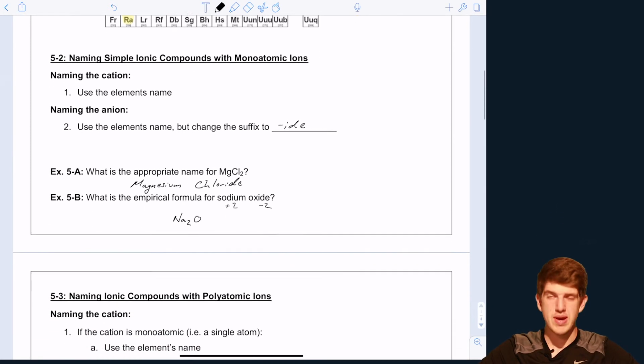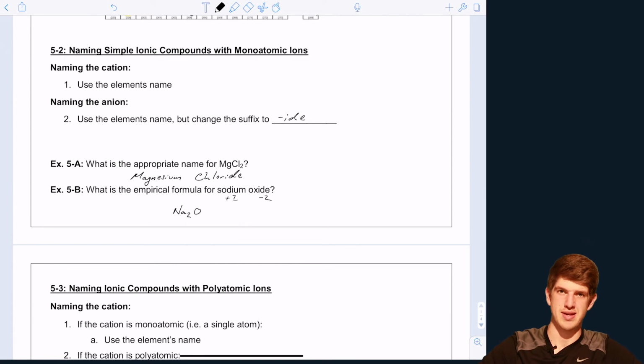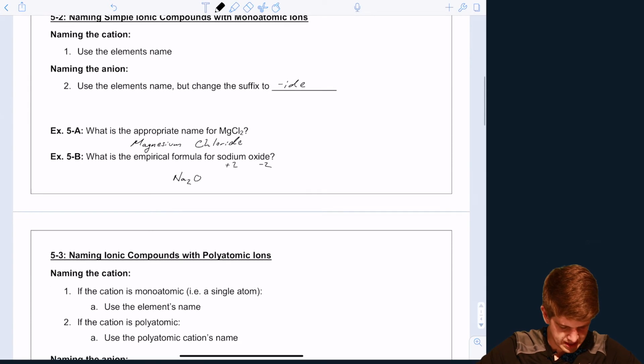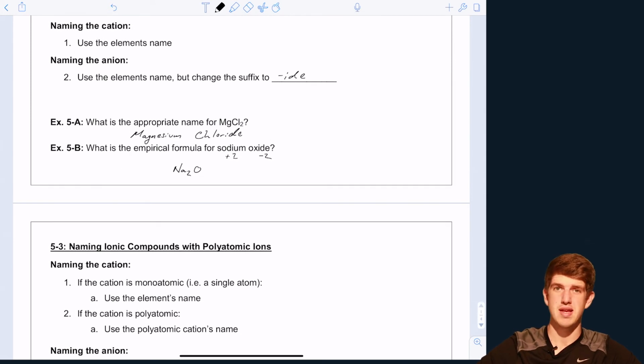Now we get into those conglomerate ions, or the polyatomic ions. So naming the cation, if it's monoatomic, it's the same exact thing as before, magnesium is still magnesium. If it's polyatomic, we just use the polyatomic cation's name. We'll have an entire list of polyatomic ions, but there's only one real polyatomic cation that you need to worry about, and we'll get into it in a second, but that's NH4+.